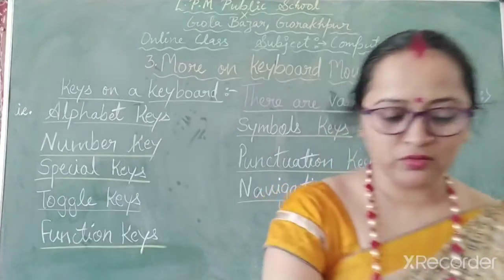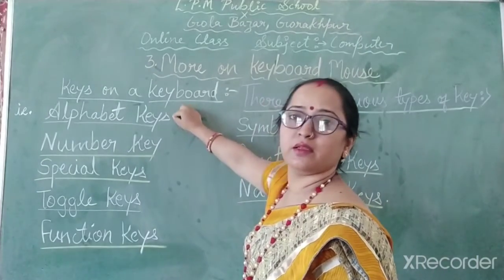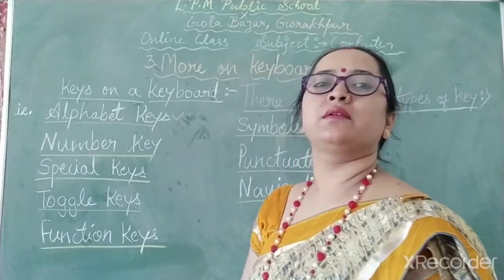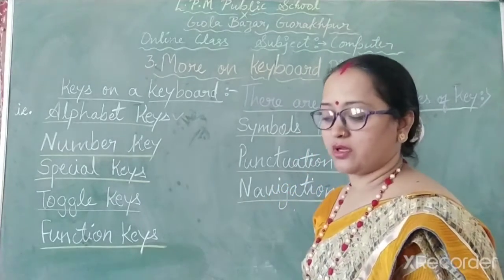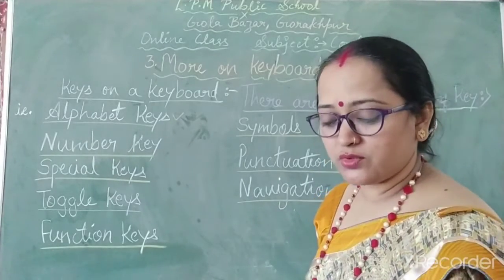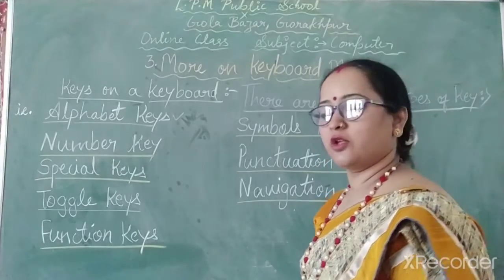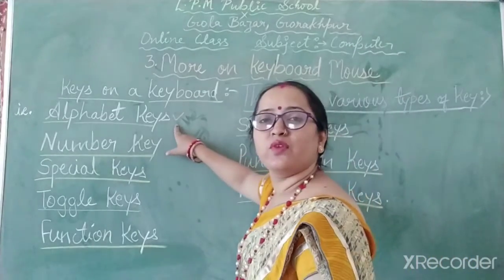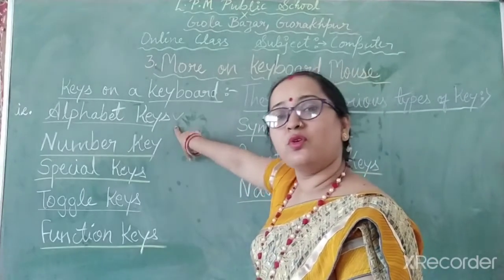First I will explain alphabet keys. There are 26 alphabet keys on a keyboard, that is A to Z. These keys are used to type letters, words and sentences.